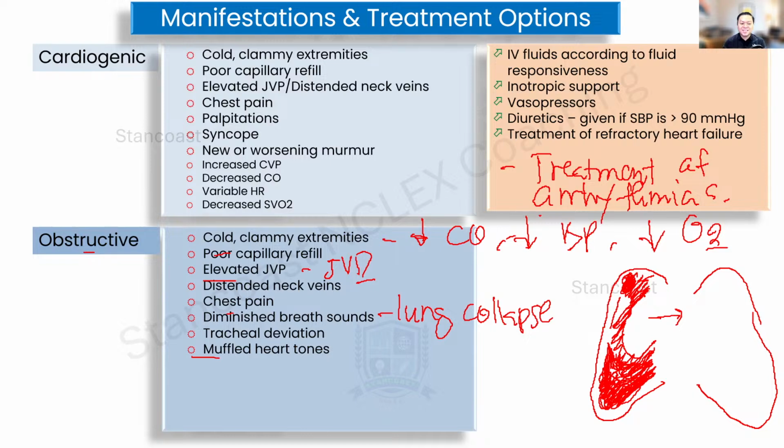Why is this going on? Have you heard of the case cardiac tamponade? The cardiac tamponade, which is the abnormal accumulation of fluid surrounding the heart.